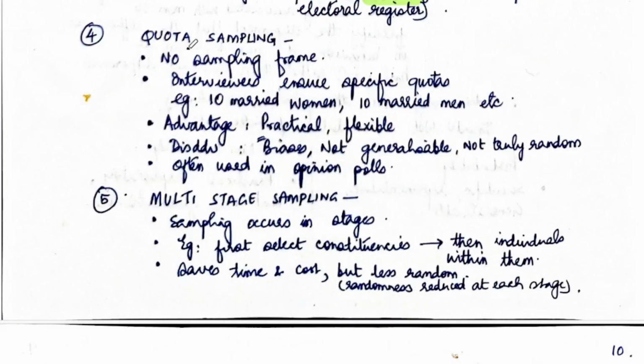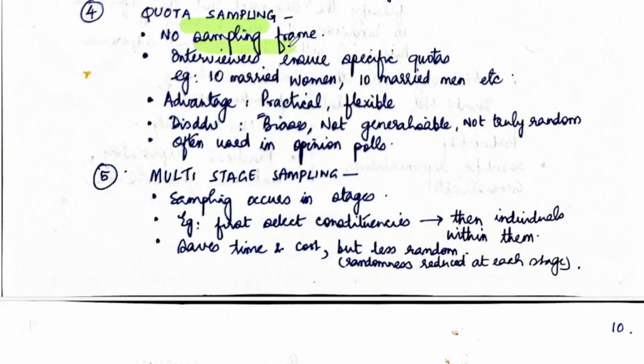Next we get into quota sampling. Here there is no sampling frame. There is no sampling frame means the interviewers ensure specific quotas. The researcher fills pre-decided quotas. So the researcher decides, for example, that they are going to interview 10 married women or 10 married men. So there is no random selection.